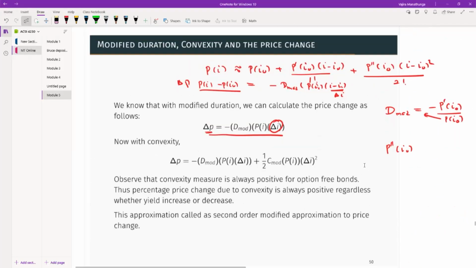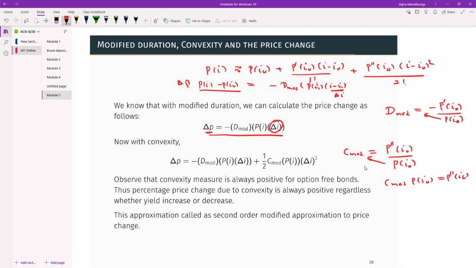If I use the definition of modified convexity, I can cross multiply, so I get C mod P naught is equal to the second derivative.